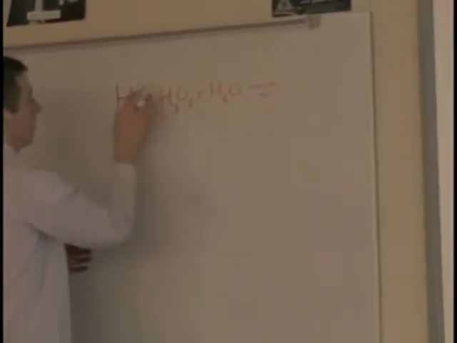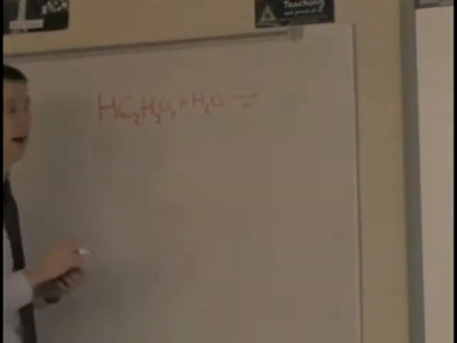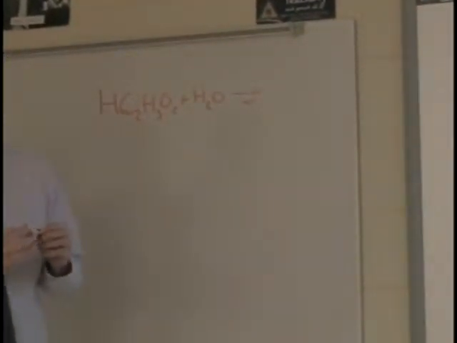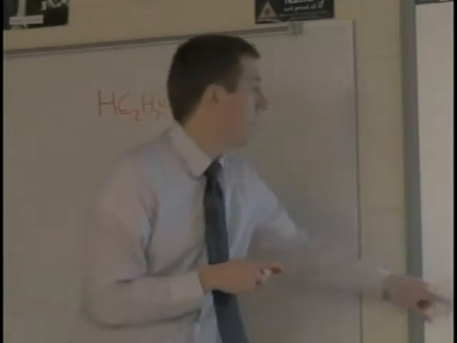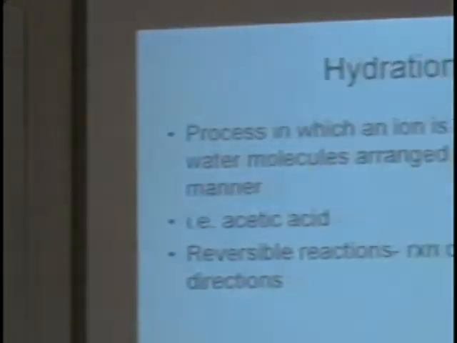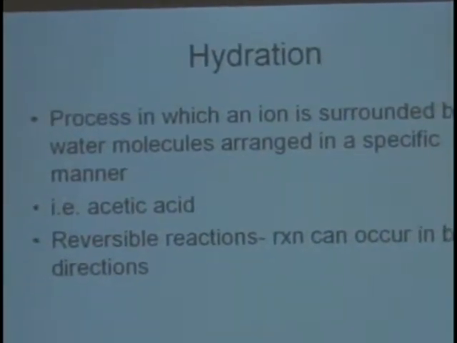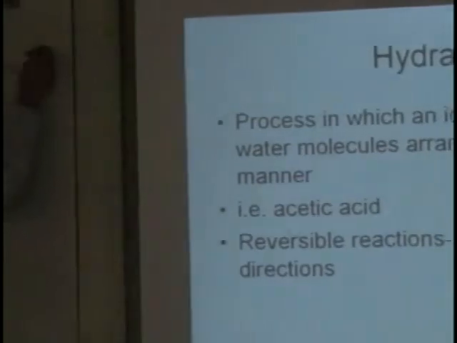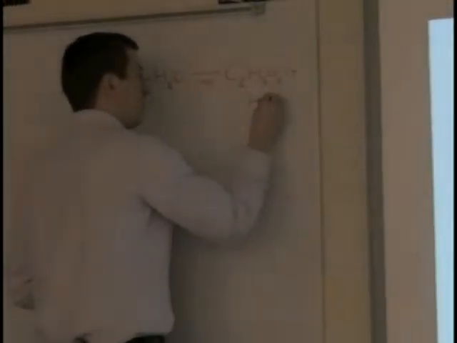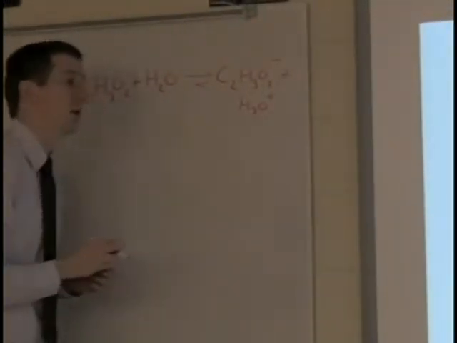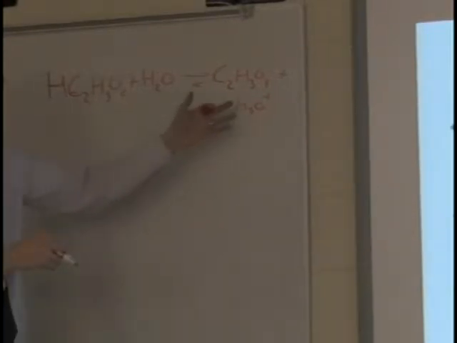The hydrogen is going to add on to the H2O and make an acid, which we'll talk about more later. By the way, when I draw an arrow that looks in both directions, that's referring to a reversible reaction, a reaction that can happen in both directions. So the products are C2H3O2 minus and the hydronium ion, which is H3O plus. These would be aqueous, and that would be a liquid.